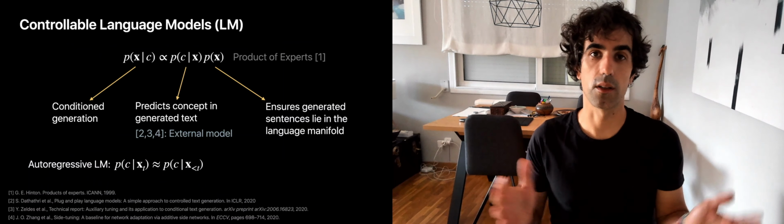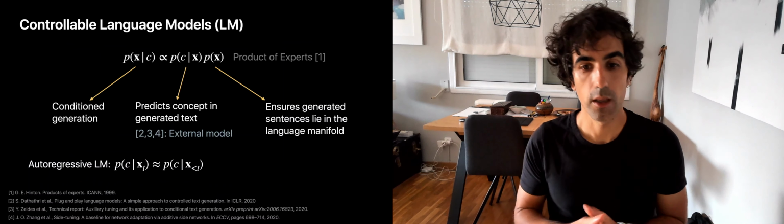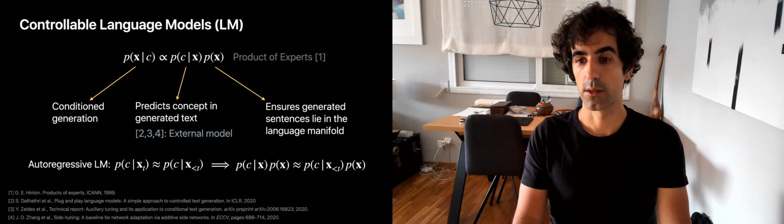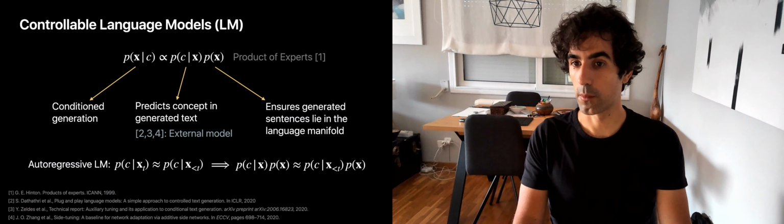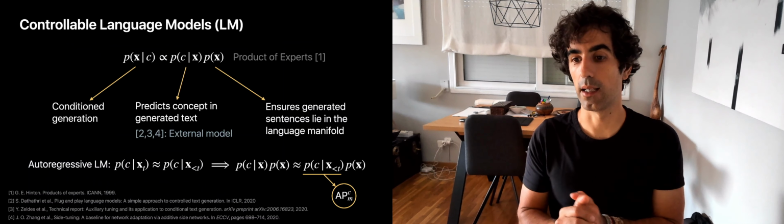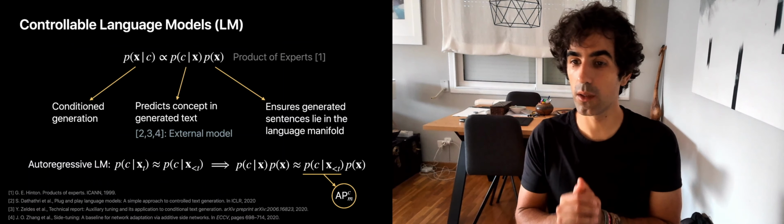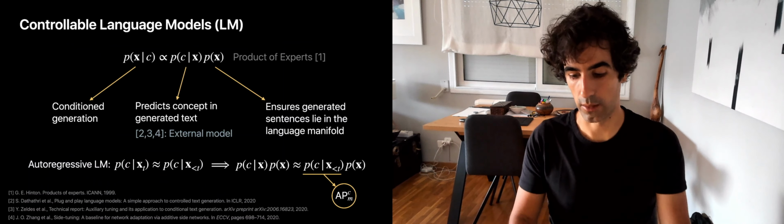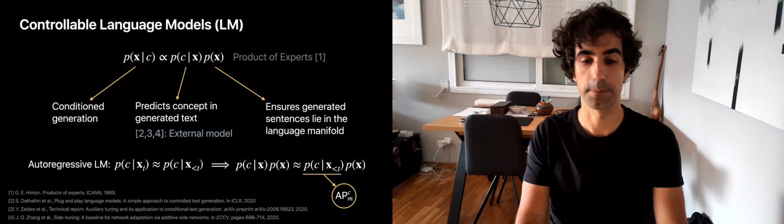In other words, if the context is about, say, football, the language model will continue to talk about football. That allows us to reformulate the product of experts formulation as a function of the context, which we've seen in the previous slide. That is, we can find units that maximize this probability. In other words, units that are very good experts for the concept.